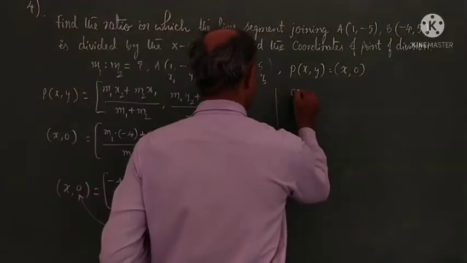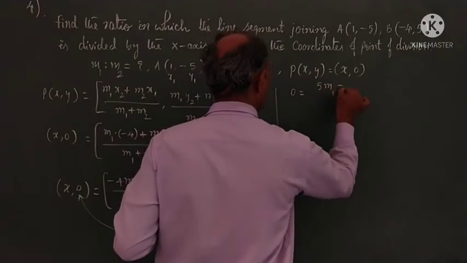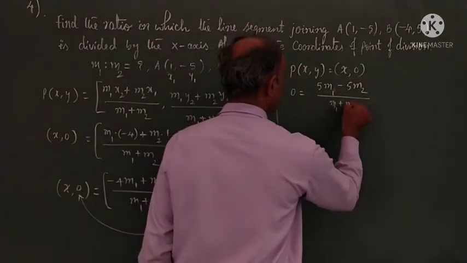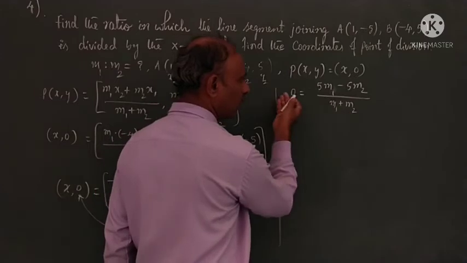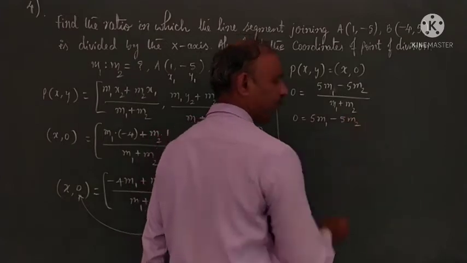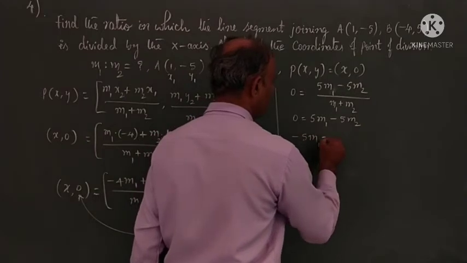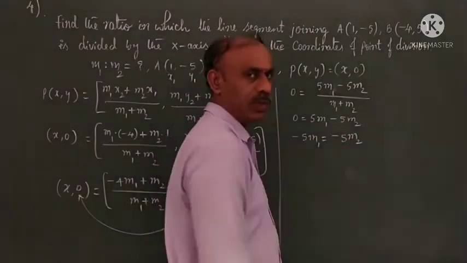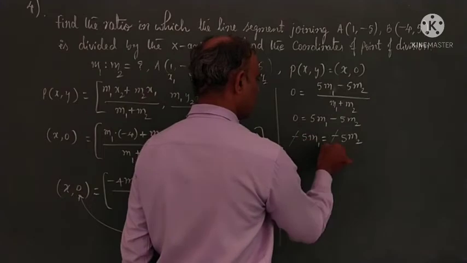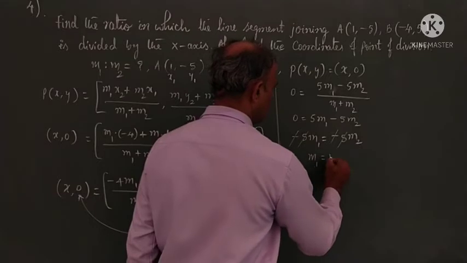So 0 is equal to (5m1 minus 5m2) divided by (m1 plus m2). If you cross multiply, completely it becomes 0. So 0 is equal to 5m1 minus 5m2. Shifting one part to the other side, 5m1 is equal to 5m2. You can shift to whichever side you want, no problem. The 5 cancels, so what remains? m1 is equal to m2.